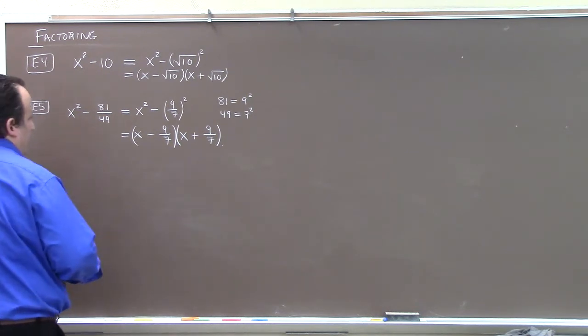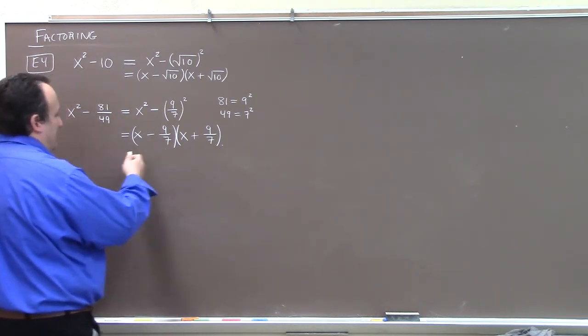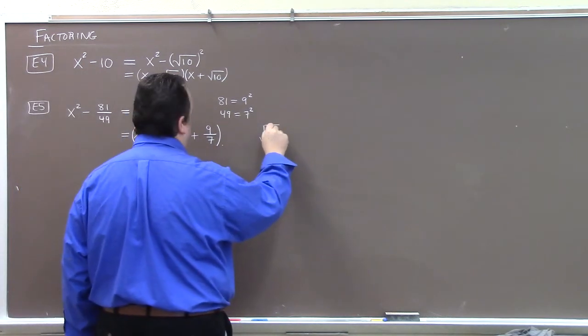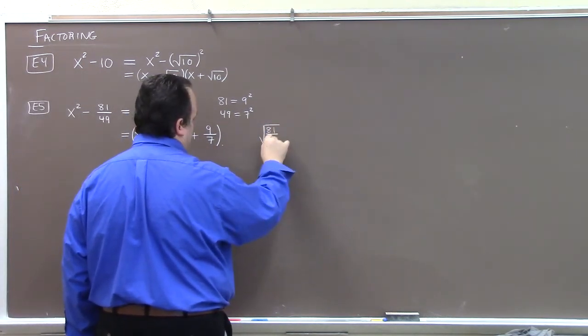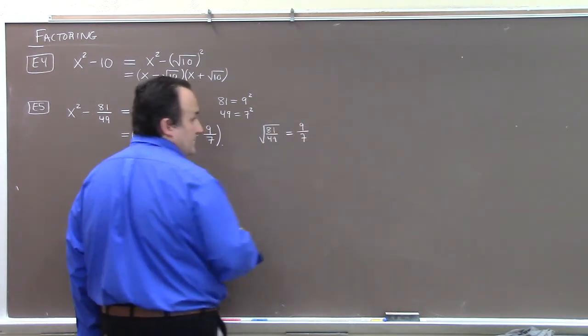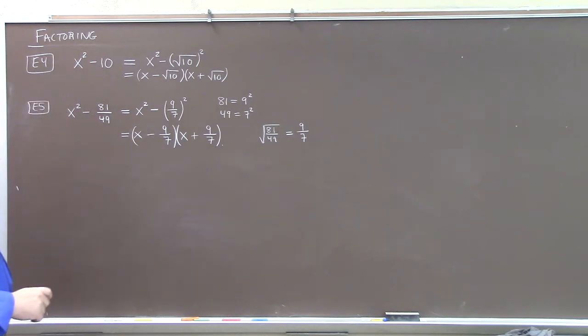Now, of course, you could also calculate the square root of 81 over 49. You can stick it in your calculator, and what you'll get is 9/7, right? Assuming you have a Casio fx-115 and not a Texas Instruments useless. What does it say, Texas or Casio?